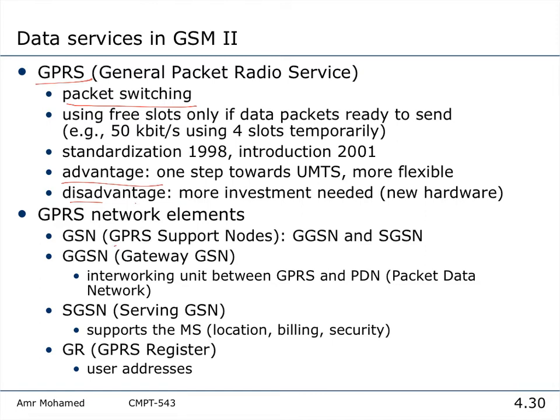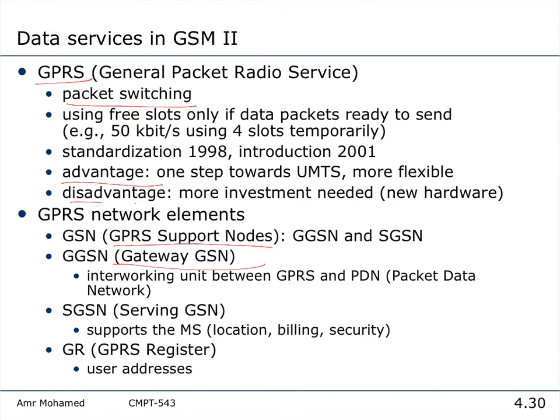So we have a GPRS support node, which corresponds to the MSC, but to provide the packet switch services. And we have the gateway GSN, or the gateway GPRS support node, which is again the door to the other types of networks. Remember, the gateway MSC is the output door to other types of networks in general.